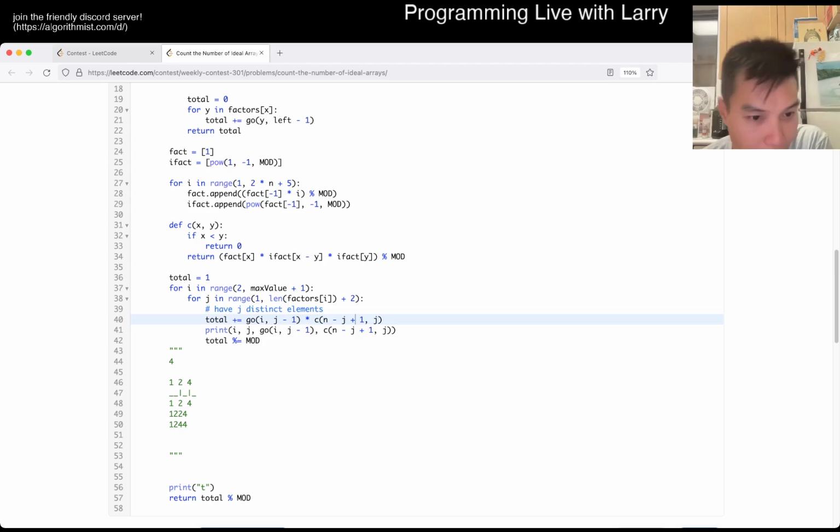I can't believe I can't get this part. Okay.